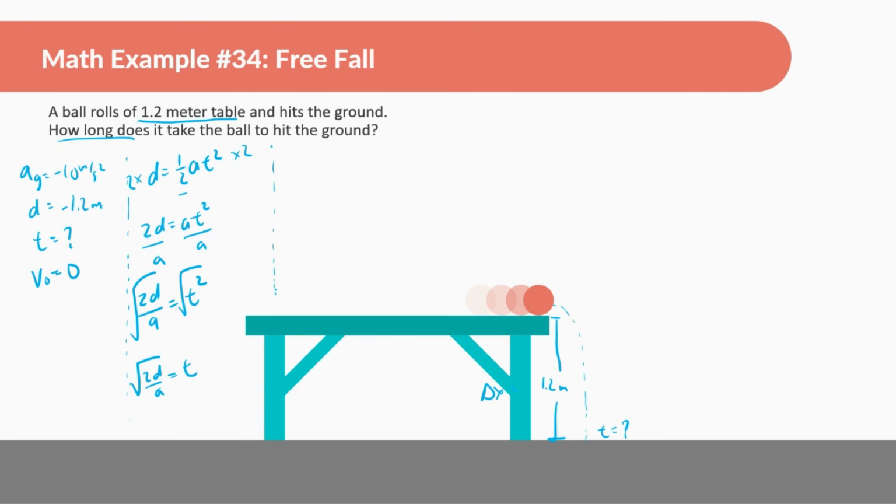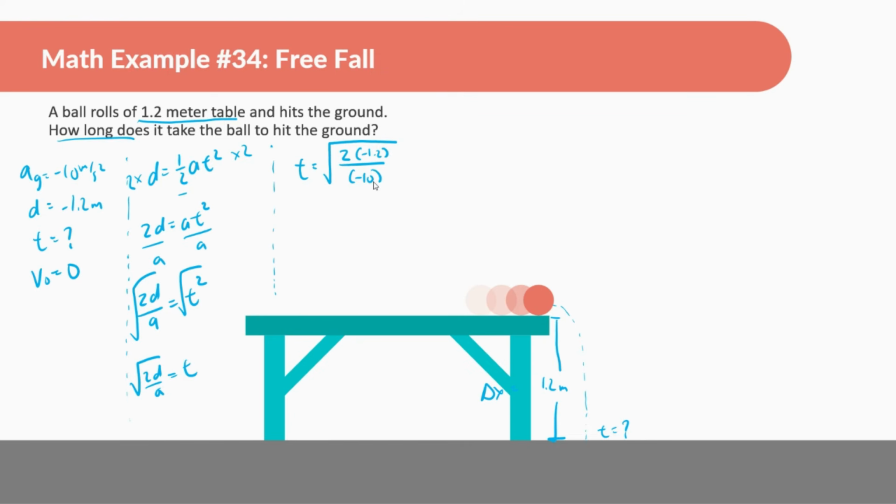So you can always just manipulate it. You can memorize it. Or if the teacher gives it to you on your formula sheet, you could just use it. So time is equal to the square root of 2d, d being negative 1.2, and acceleration being negative 10.